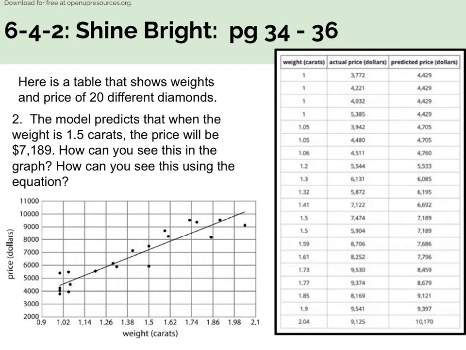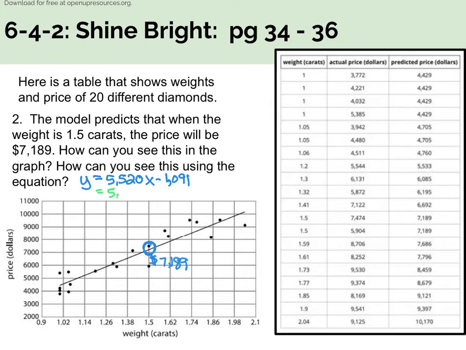So looking at the graph, the point on the graph itself is going to be around here. So that amount is 7,189. With the equation, the equation came from before, and that equation was y equals 5,520x, where x is the carat amount, minus 1,091. So we're going to put the 1.5 into this equation.